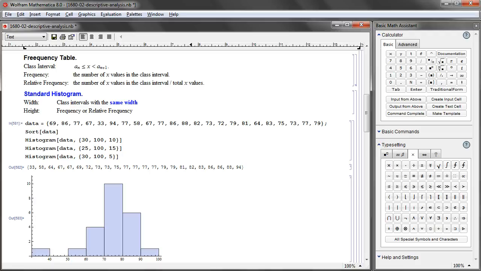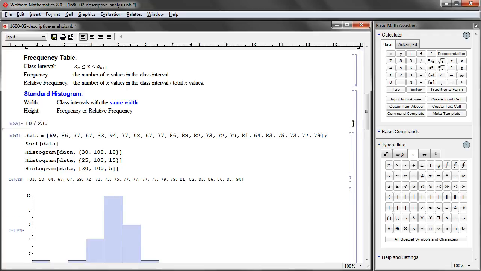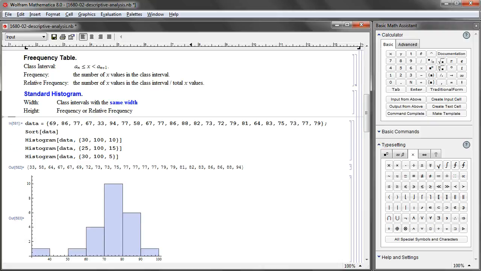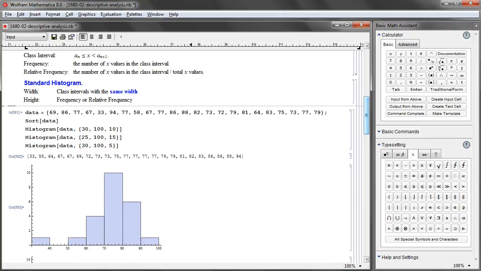But will that change the shape of these rectangles? No, they won't, because it's just vertical scaling. So the rectangles will remain exactly the same, and only the labeling of the vertical coordinate axis will change. Instead of 10, you're going to get 10/23, which is what? 0.434 something will be the height of the tallest rectangle, and so on and so forth, if you change everything to relative frequency.